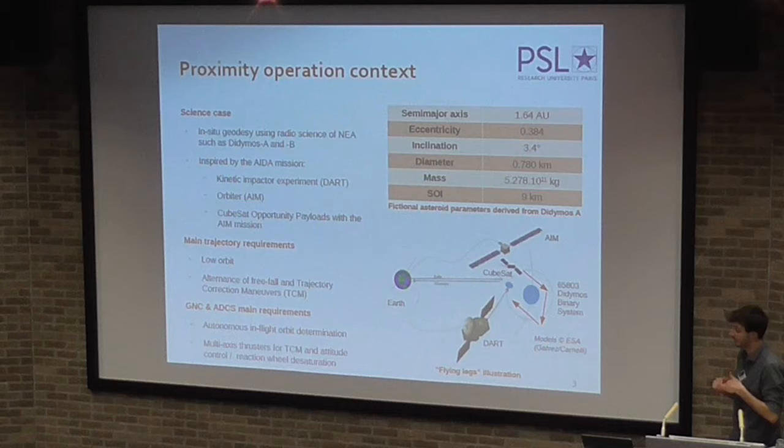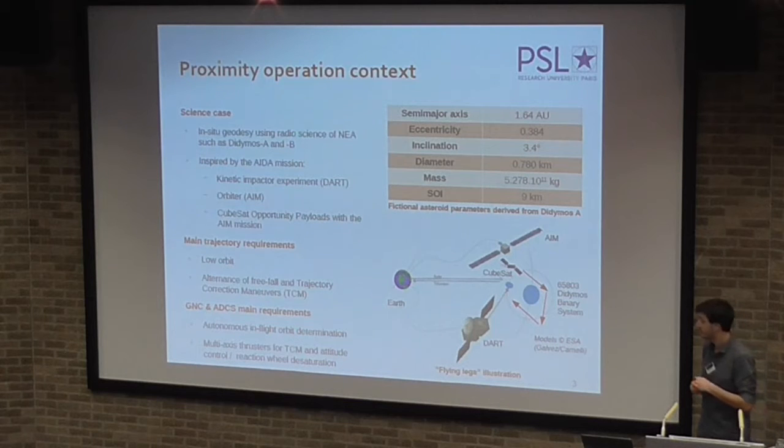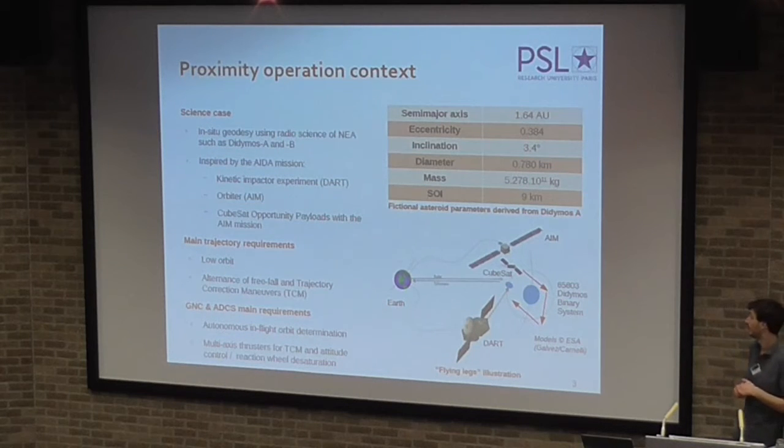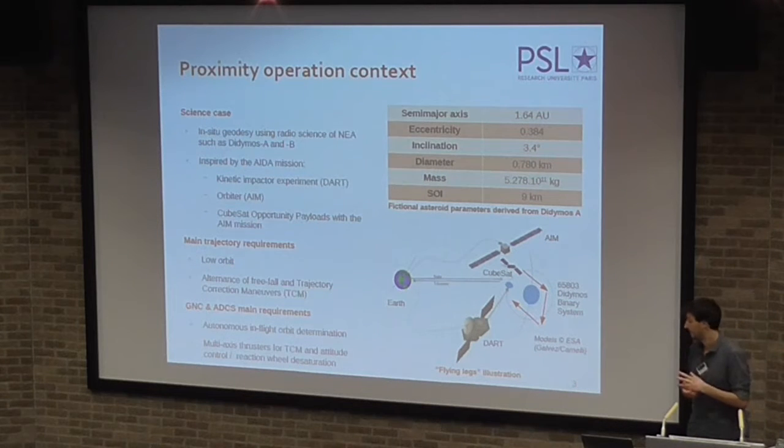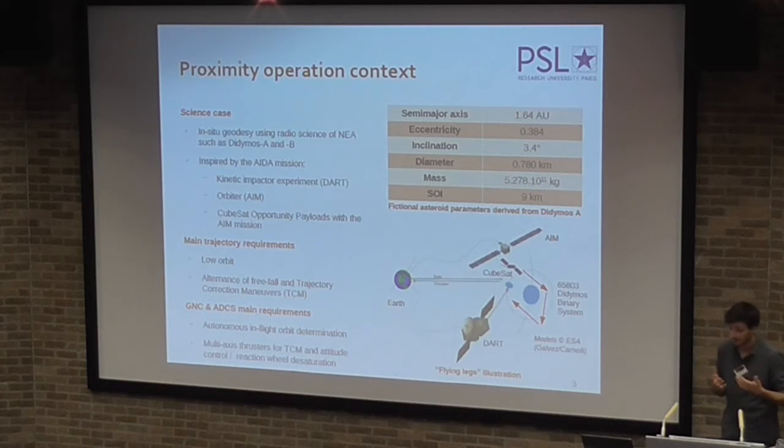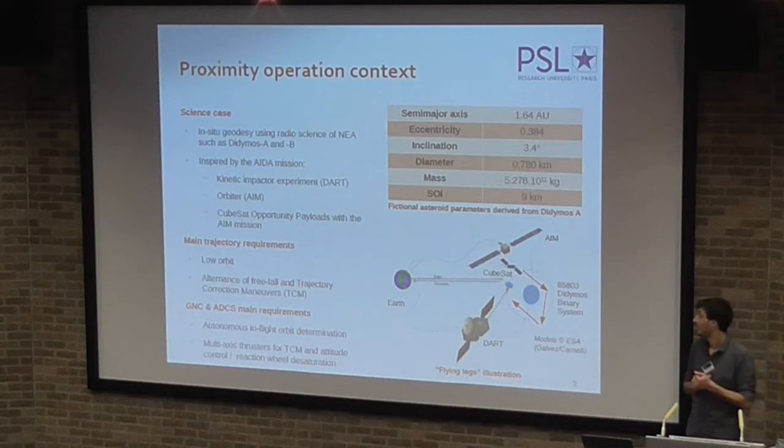So if we want to do a proximity operation, obviously our science case was inspired by the AIDA mission, with the AIM rotorcraft releasing a 3U CubeSat in the vicinity of a system of asteroids like Didymos A and B. Our science case exactly is to do in-situ geodesy using radio science.